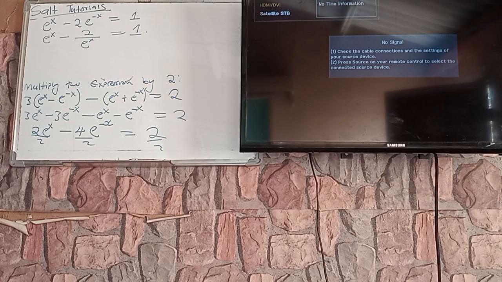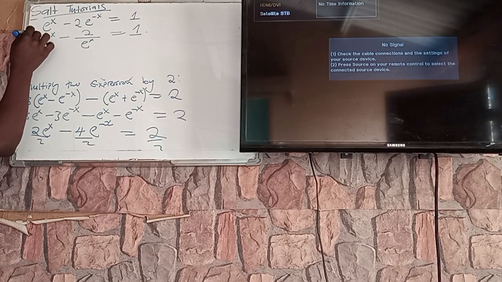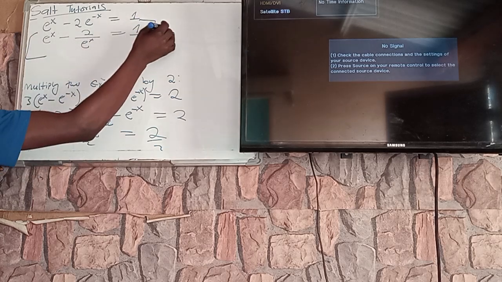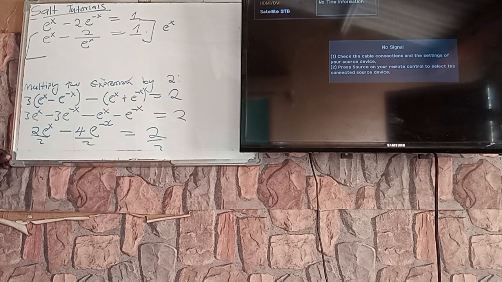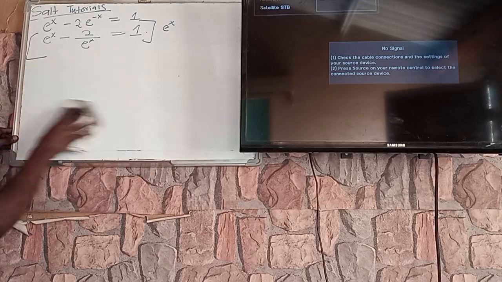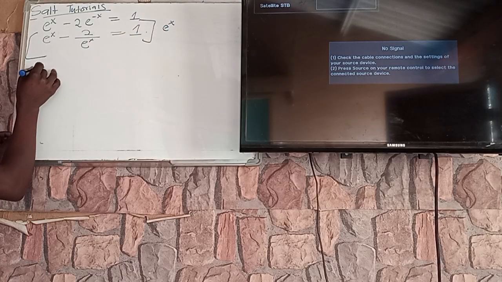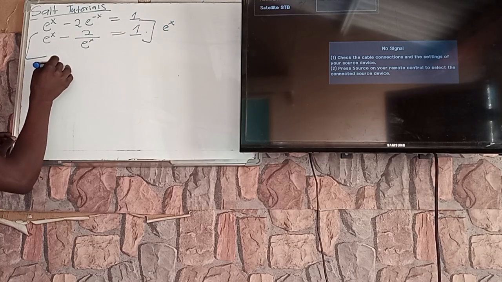So now the question is, how do we solve for this? We can still delete the denominator by multiplying throughout. We multiply the whole thing by e^x. If I multiply the whole thing by e^x, what am I going to have? e^x times e^x, we have (e^x) squared.